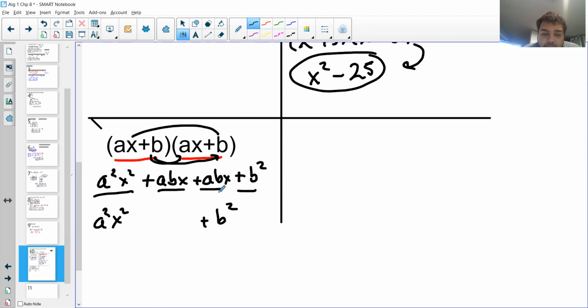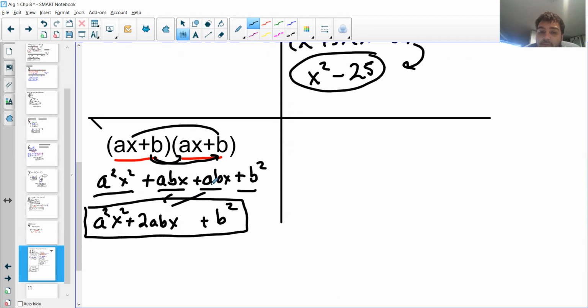In the middle, they're the same term. It's one abx and one abx. So if I do 1 plus 1, what I get is 2abx. Okay.